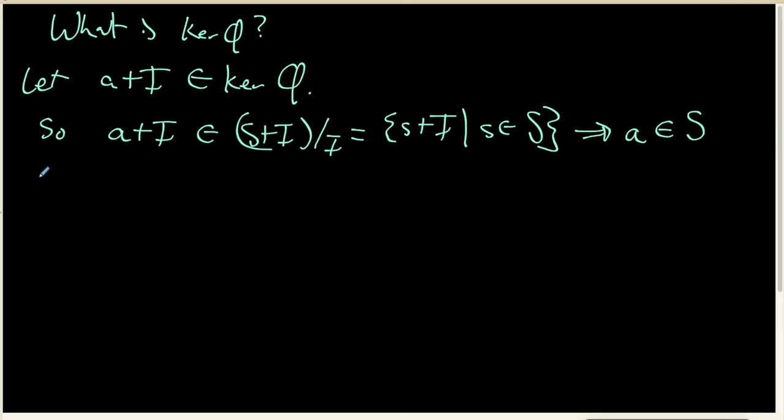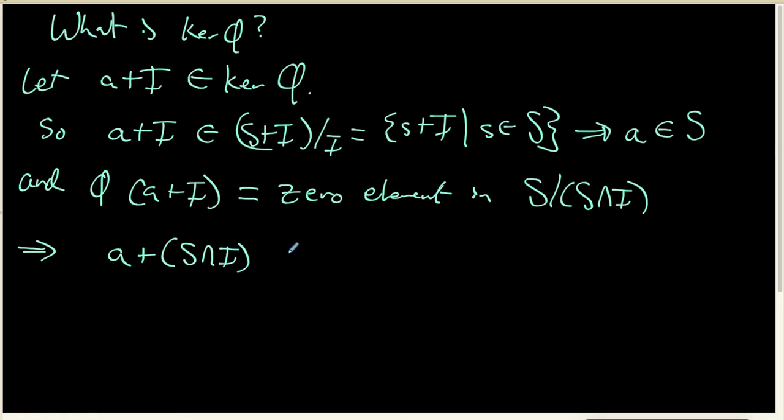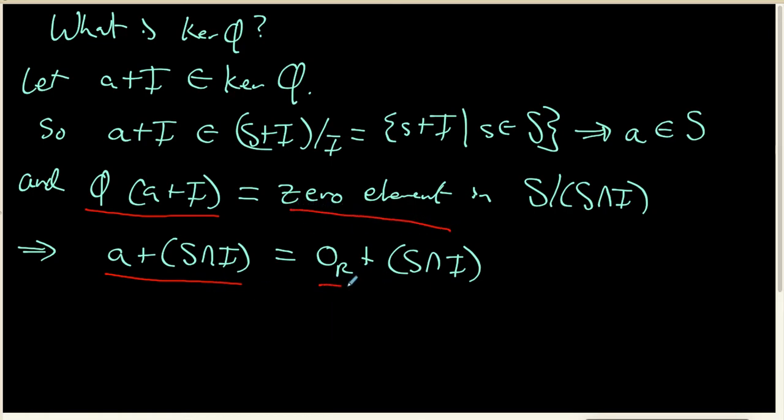Now, there's another thing that I also know. If I let phi equal a plus I, the fact that a plus I is supposed to be inside the kernel of phi says phi of a plus I has to be the zero element inside S mod S intersect I. And this statement is going to tell me that a plus S intersect I is going to have to be equal to 0R plus S intersect I. And I want to make sure that I understand that this here is equal to that, and this is equal to that.